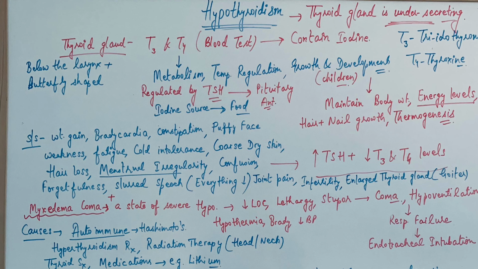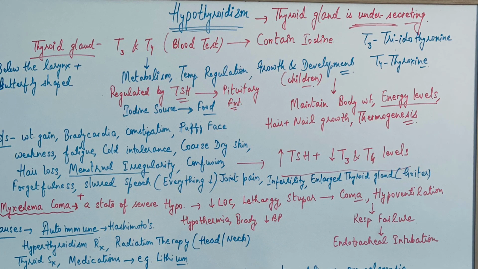And what do T3 and T4 basically do in our body? Basically, thyroid gland hormones are very important for metabolism. The first main action is that they are responsible for the metabolism of fats, carbohydrates, and proteins.